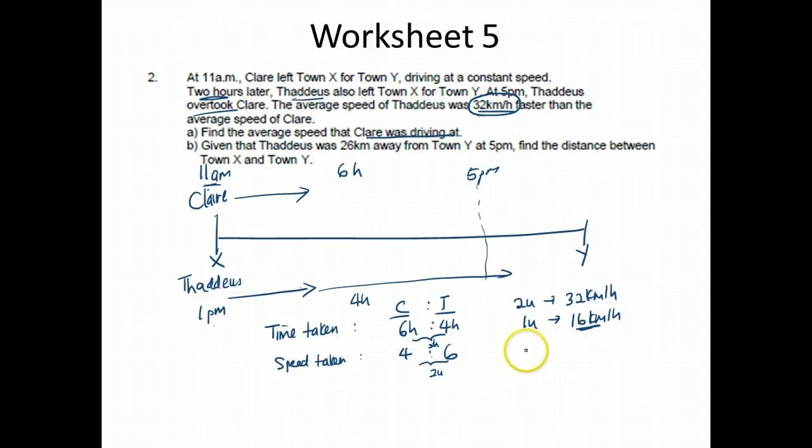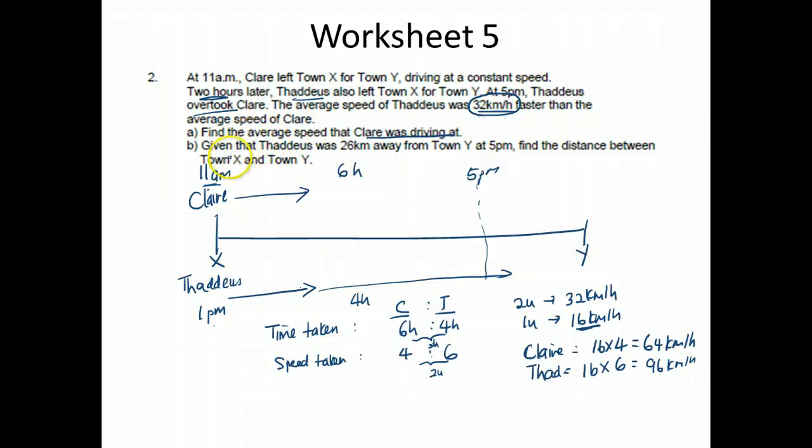So Claire's speed would be 16 times 4, which is 64 kilometers per hour. How about Thaddeus? Thaddeus' speed will be 16 times 6, which is 96 kilometers per hour. Here we know Thaddeus is faster than Claire.